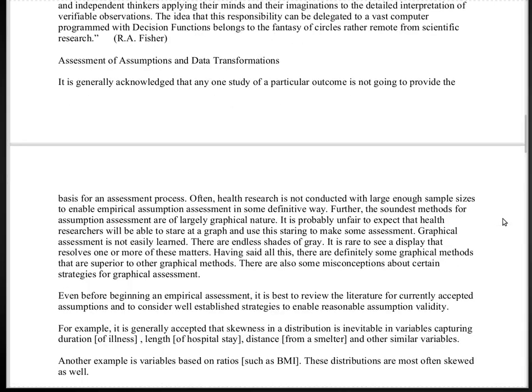So I wanted to now go to the topic of the assessment of assumptions. There are several issues in play here. It could be that the assumptions I've numbered 1, 2, 3, and 4 up above are ones that are generally assumed to be the case in the study you are conducting.